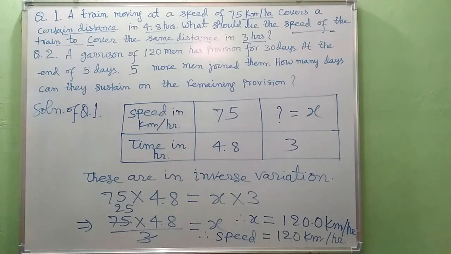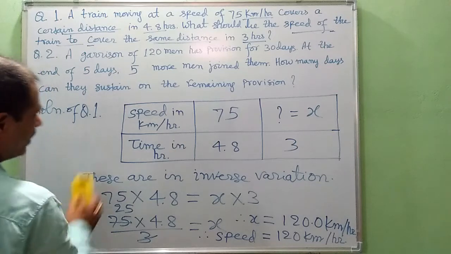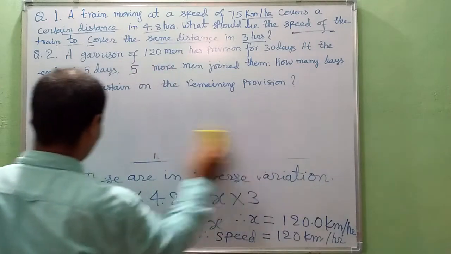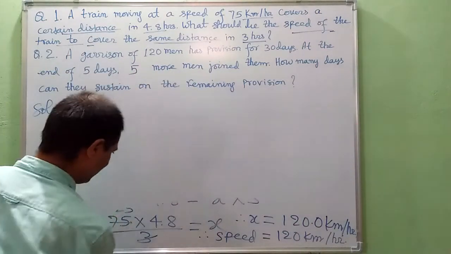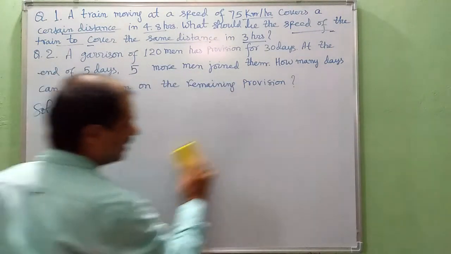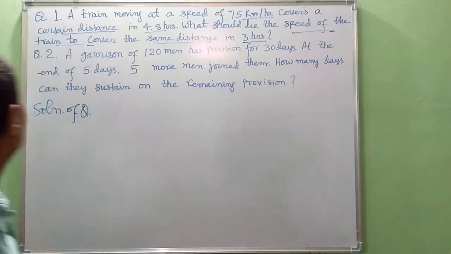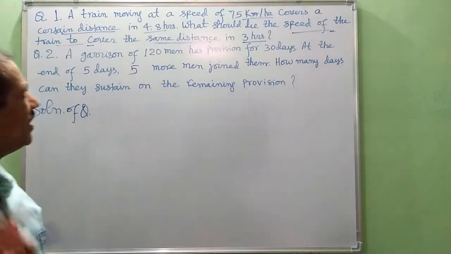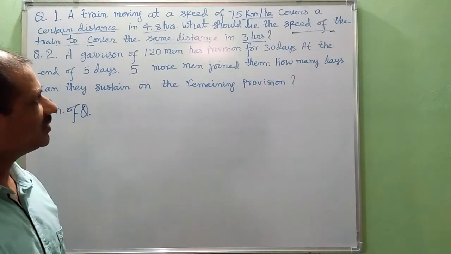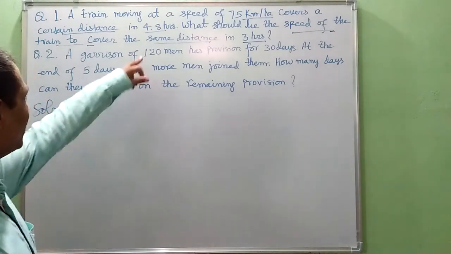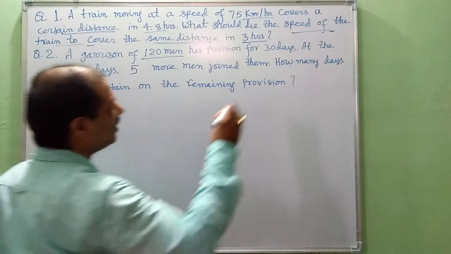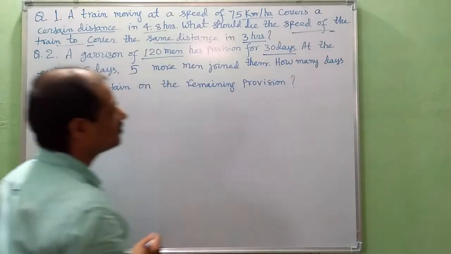Now, I am going to solve the second question. It runs like this: a garrison of 120 men has provision for 30 days. Here are also two quantities: number of men, that is 120, and number of days, that is 30.